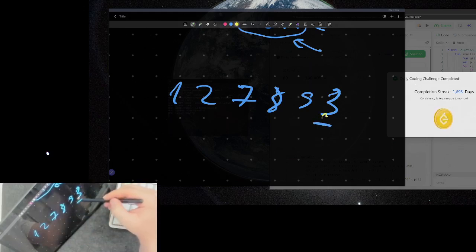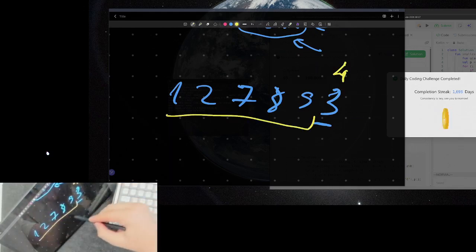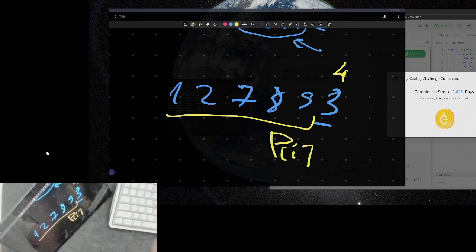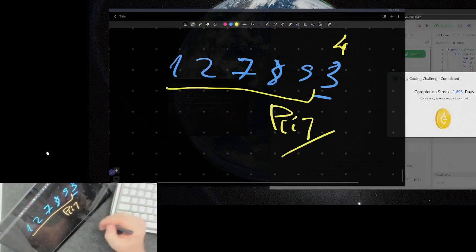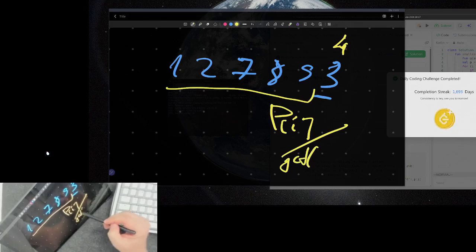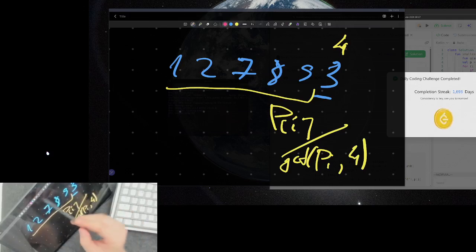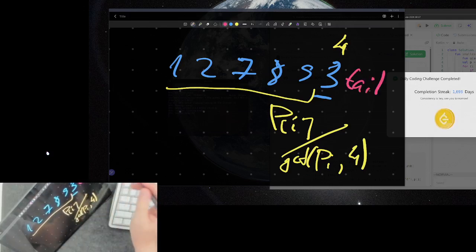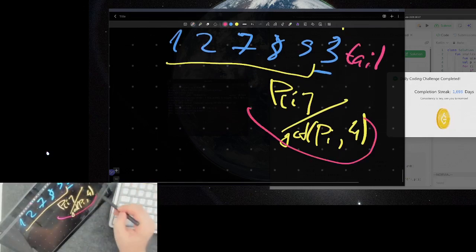So imagine the last digit is 3, we go with 4, and we're saying that we use this prefix i, we remove 4 from it with the GCD trick, GCD of t and 4, and we want to build the tail that is perfectly divisible by this number.